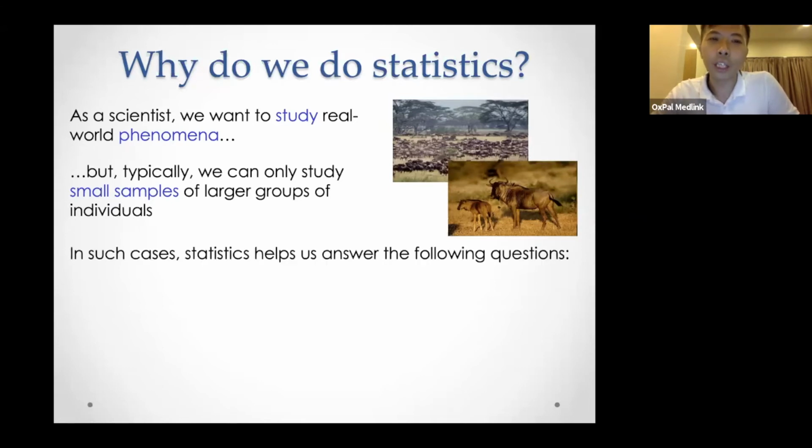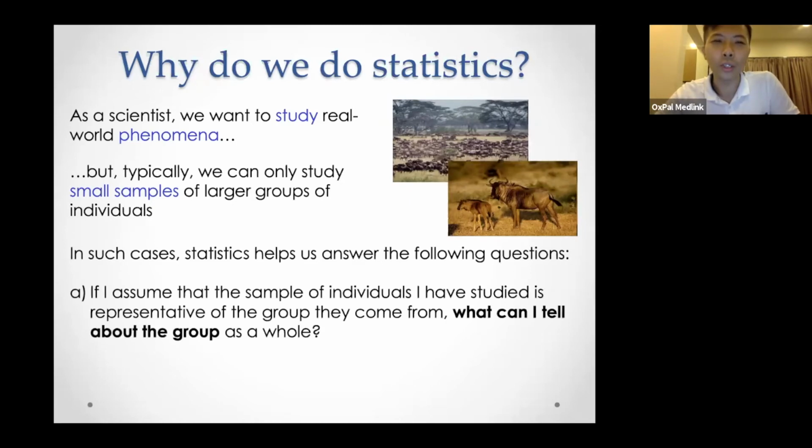And in such cases, the statistics that we gain from the sample helps us understand the following questions. If I assume that the sample, the smaller number of individuals that I've studied, is representative of the group they come from, what can I tell about the population or the group as a whole?